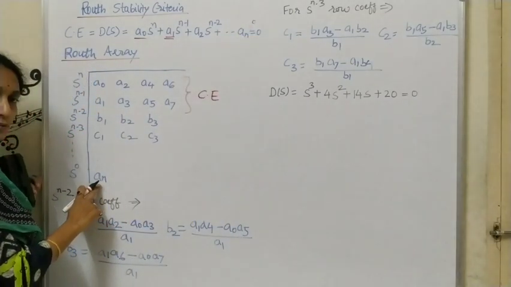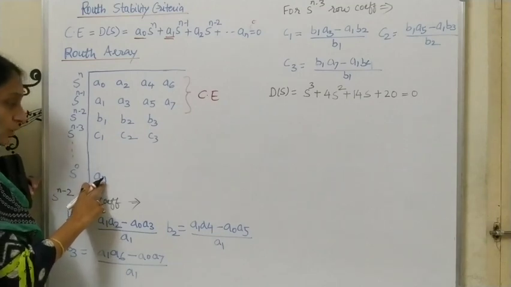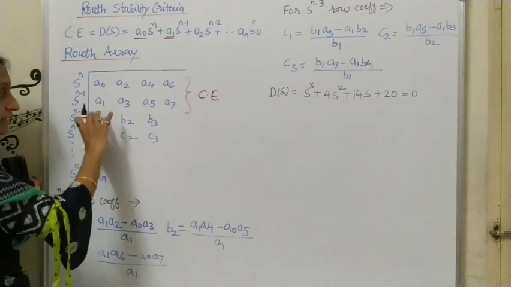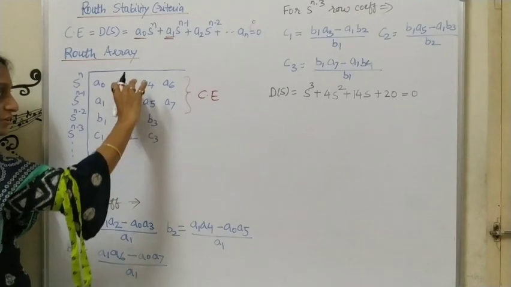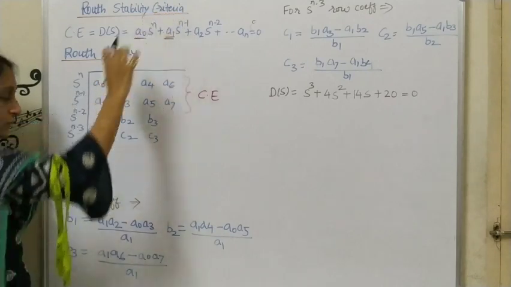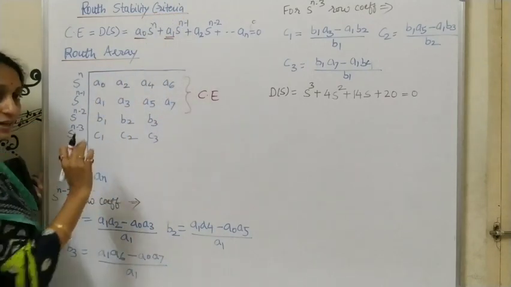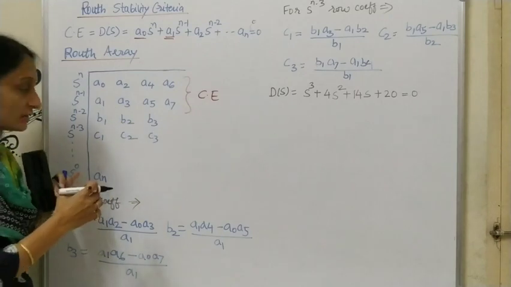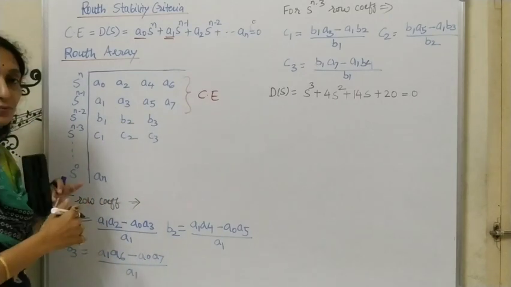I have directly substituted it. So what we need to find is the coefficients of the intermediate rows. The first two rows and the last row come from the characteristic equation, but for calculating the intermediate rows, we will use some formulas.